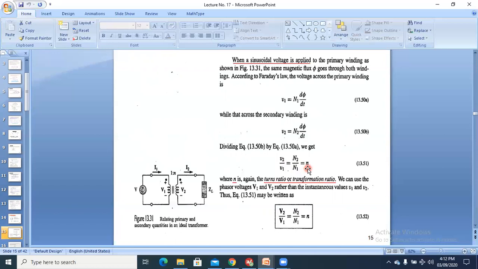So we can also represent this in the phasor form as well. In the phasor form, the ratio of the phase voltages V2 by V1 is equal to N2 by N1, which is n. So that means if we increase the turn ratio of one side, the voltage will be increased.